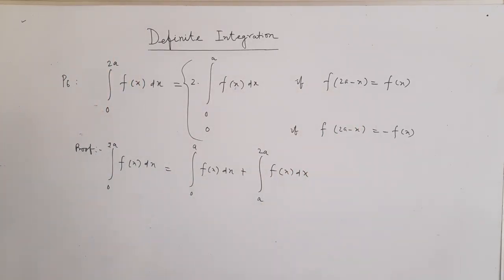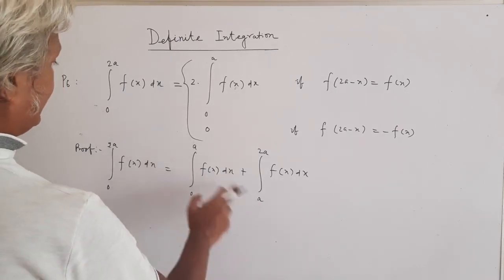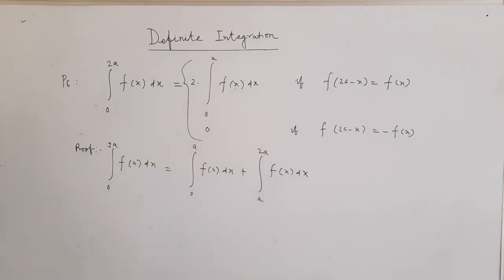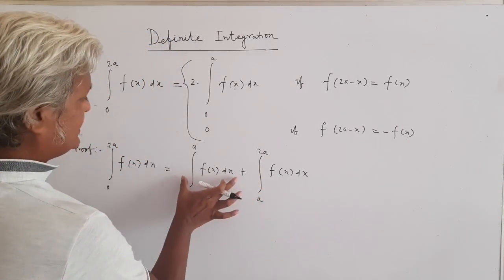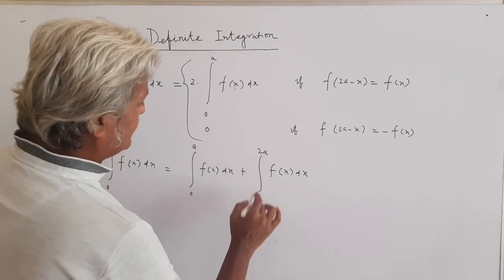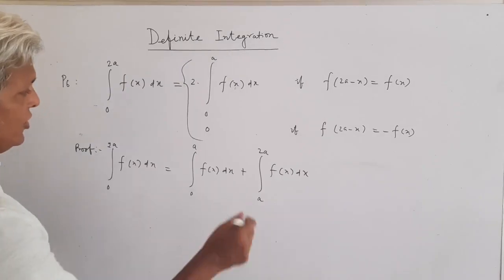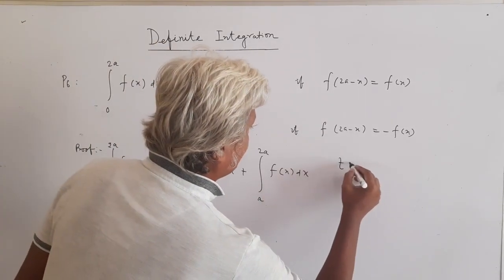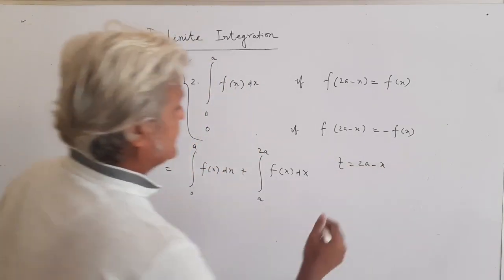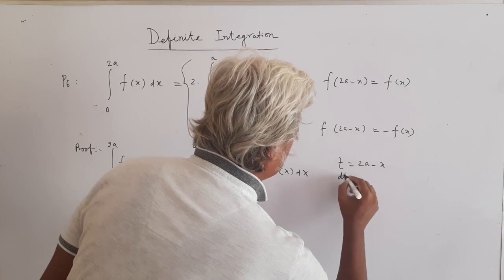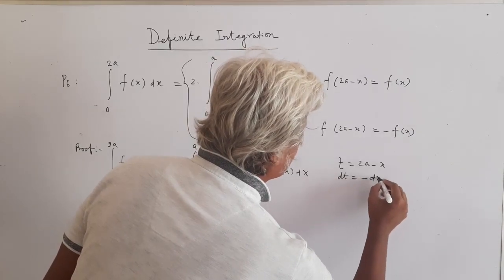Now in this condition, if you use the property of f(2a minus x) equals f(x), then we go for this part. Here I take t as 2a minus x, then you see that dt is minus dx.